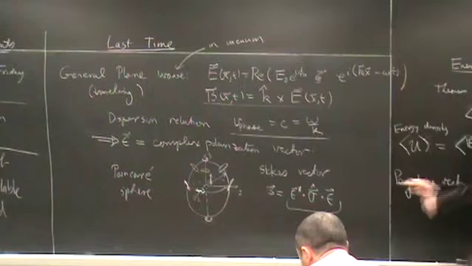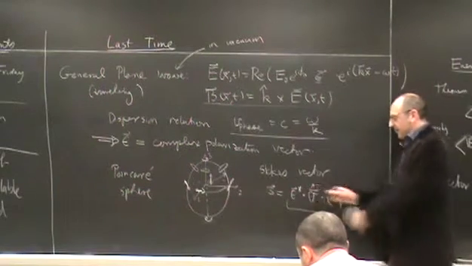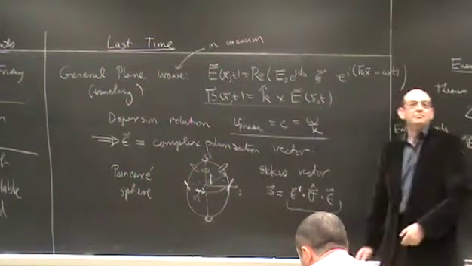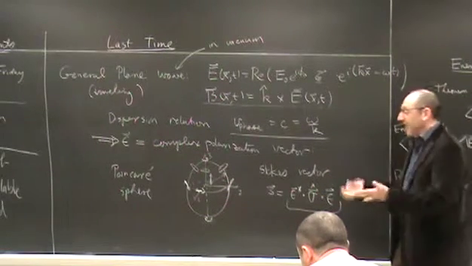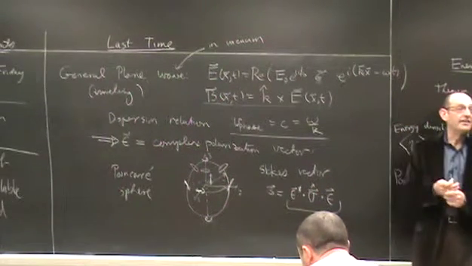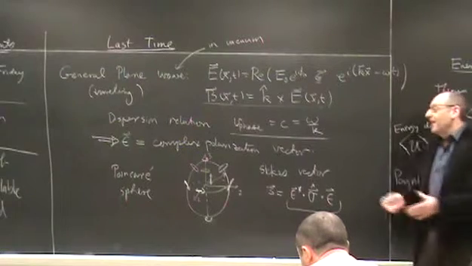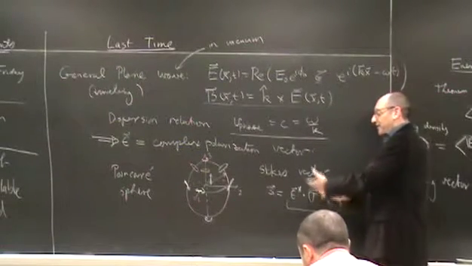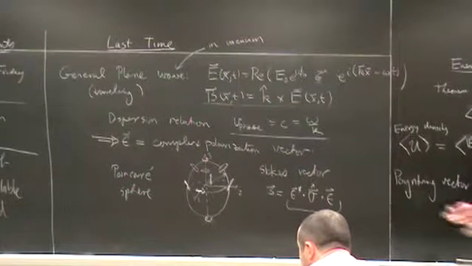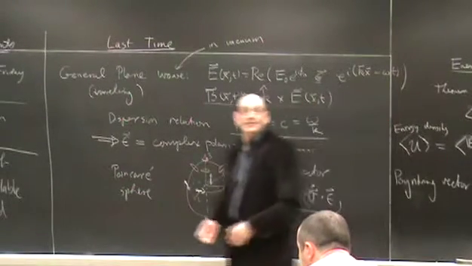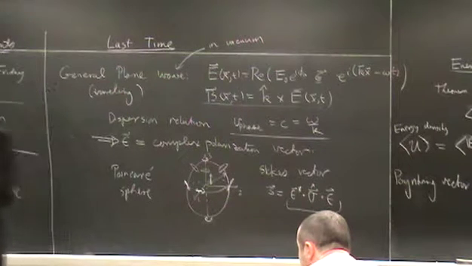If you want to think about this as the state vector, this is the expectation value of the Pauli matrices. So it has an x component, a y component, and a z component. In quantum mechanics, we would call this the Bloch vector. In electromagnetics, we call it the Stokes vector. It's the same thing.